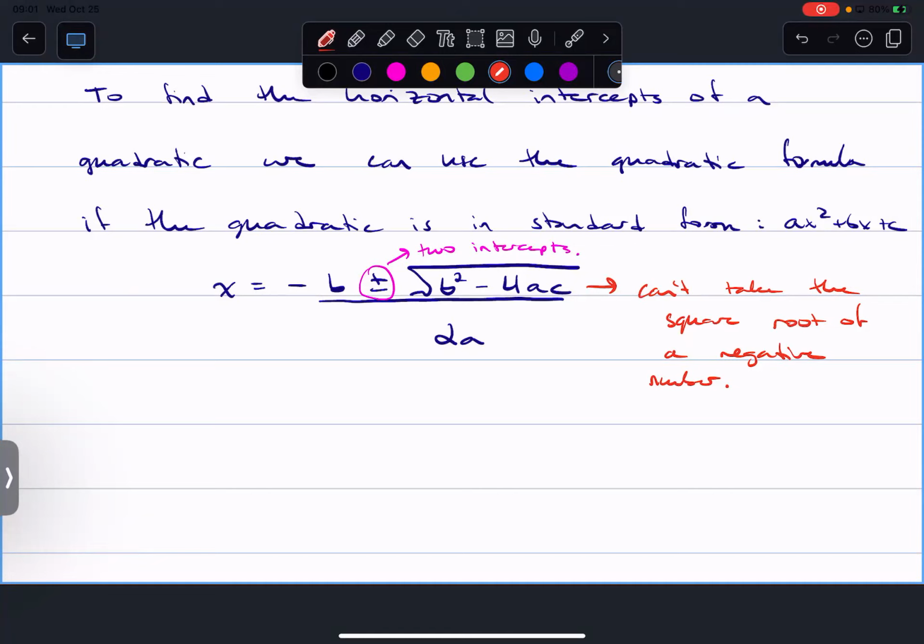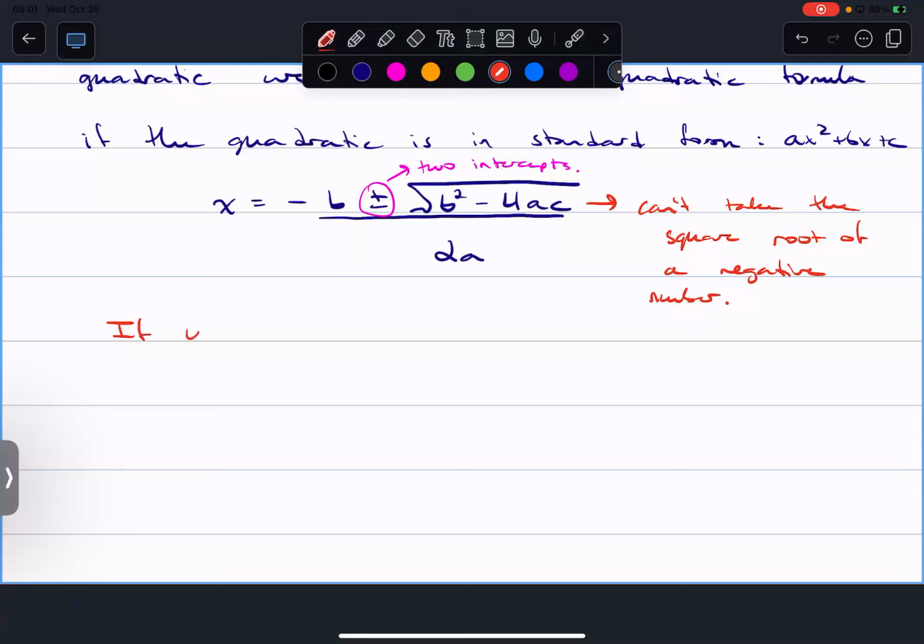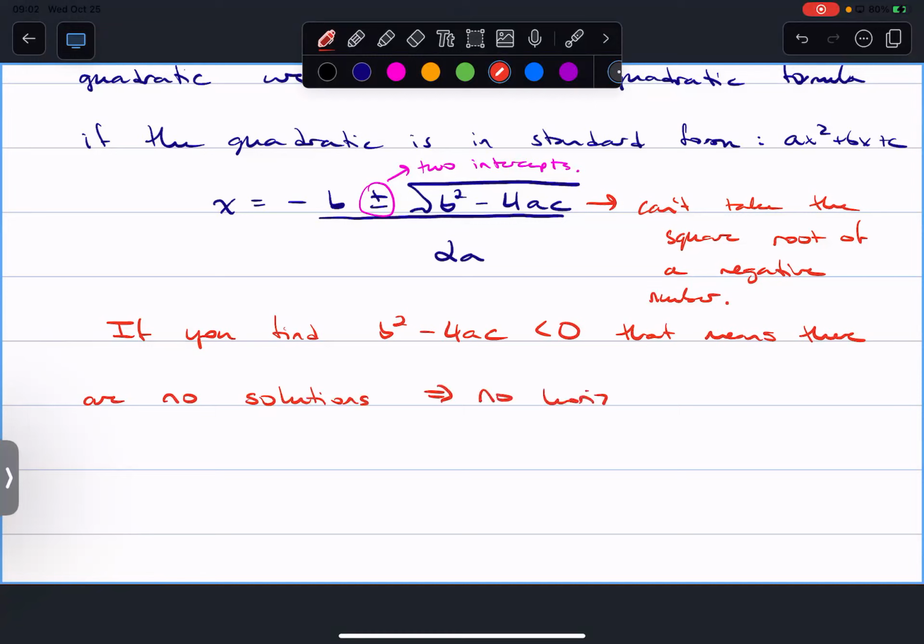If you find a negative value in the square root, that's just telling you that there are no horizontal intercepts. So if you find b squared minus 4ac is less than 0, that means there are no solutions, which is really saying no horizontal intercepts.